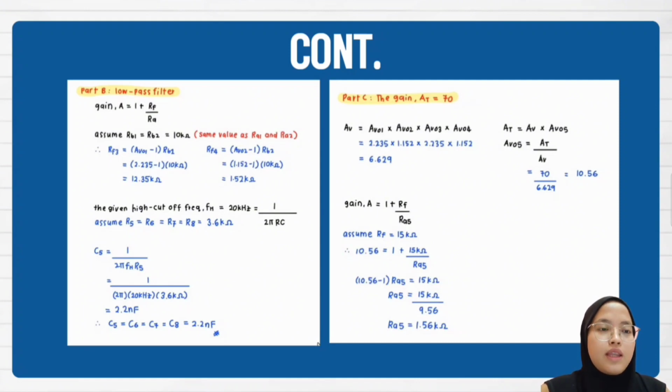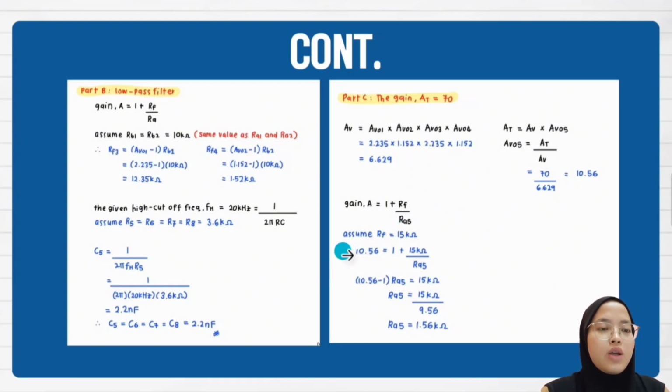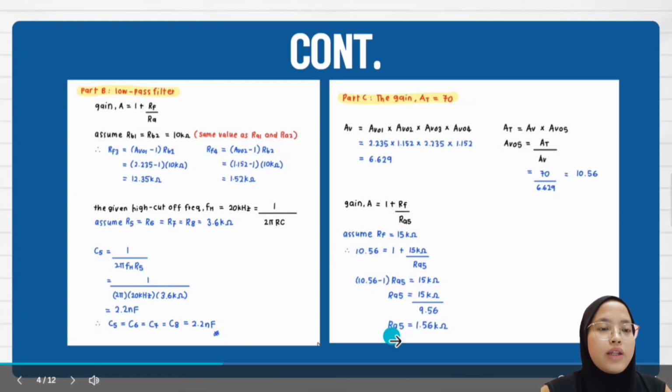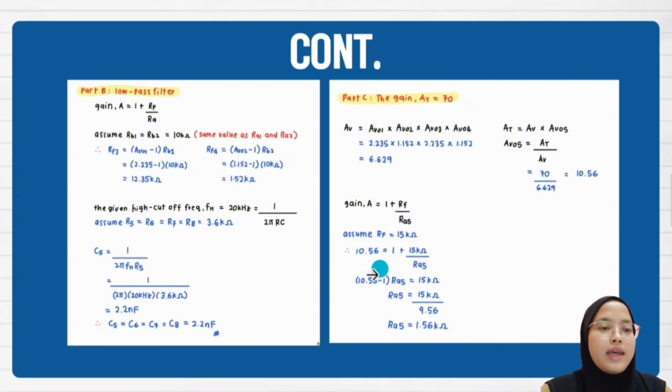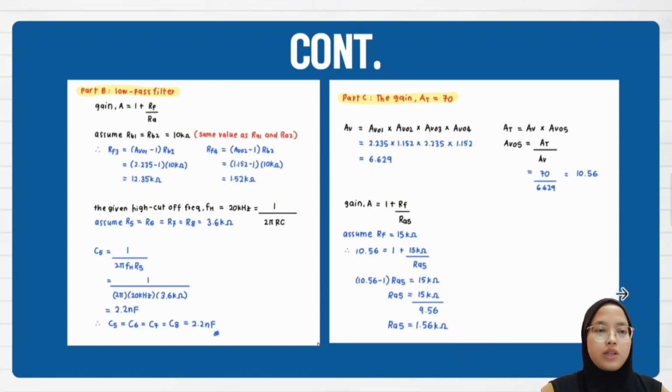From that, we calculate the total gain, AV, equal to 6.629, and then we can calculate RA5, where to calculate RA5 we assume RF equal to 15 kilo ohm, and then we get RA5 equal to 1.56 kilo ohm. So that's all for the manual calculation of this project.